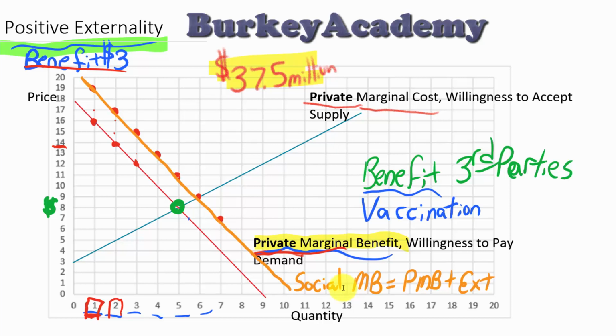The first thing to see is that the amount of the surplus that we thought we were getting, 37.5 million, is actually not quite right. The proper calculation of the total surplus should include that total benefit, the benefit of not just the private, but the social marginal benefit.